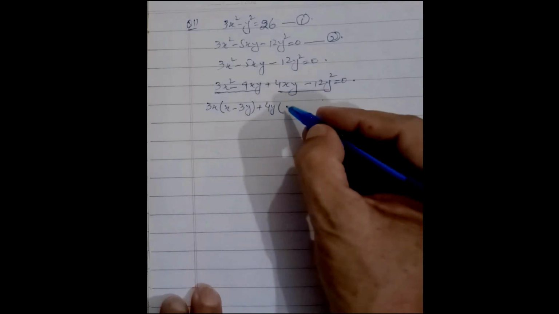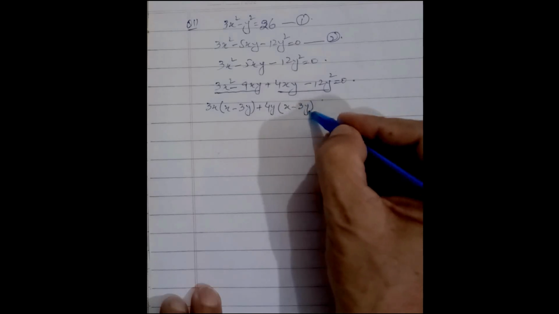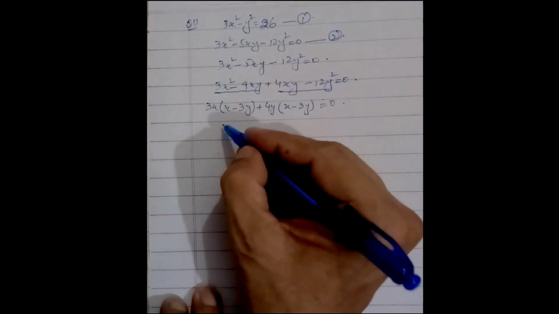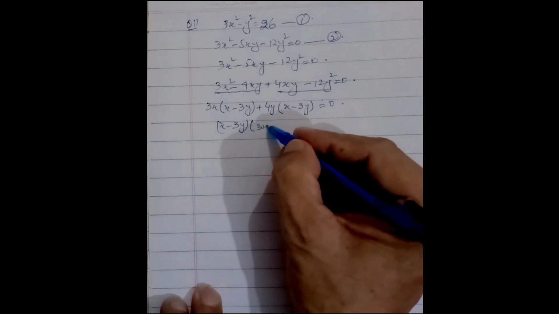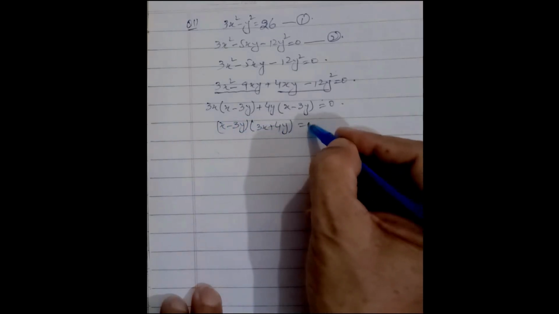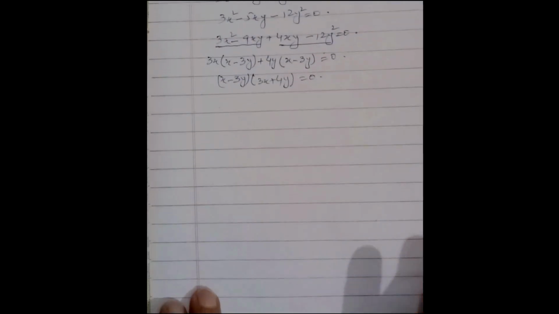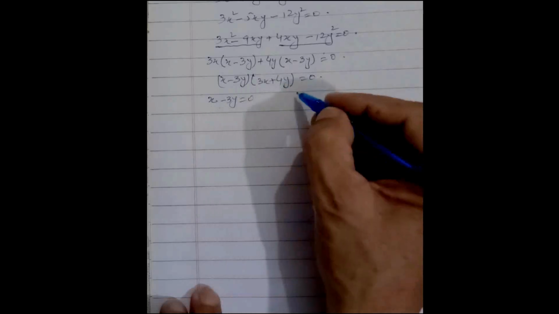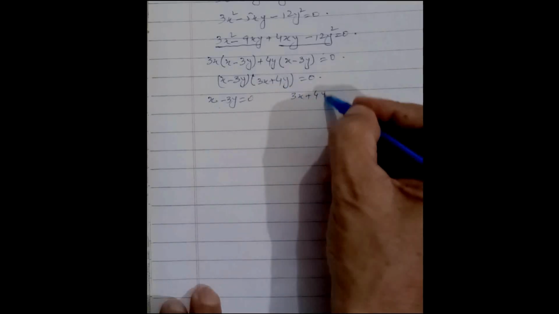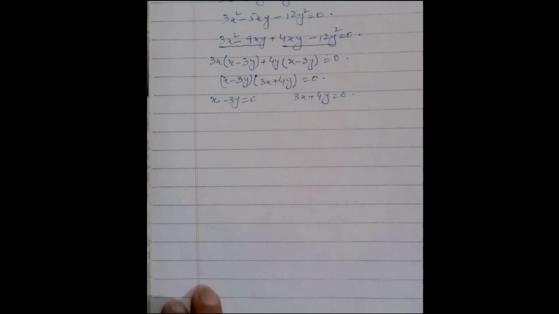The equation is x minus 3y, 3x plus 4y is equal to 0. In this way, we have x minus 3y is equal to 0, 3x plus 4y is equal to 0.